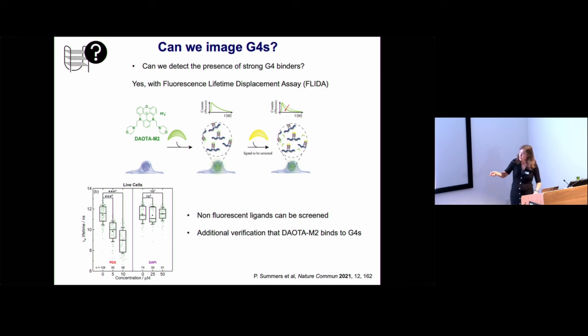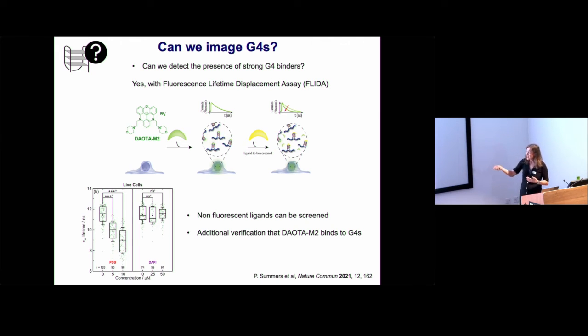So cells incubated with delta M2, and when we add pyridostatin, which is a known strong quadruplex binder, we see a large reduction in lifetime from cells, and no change when we use DAPI, which is a known intercalator of the DNA. So this is really nice because we can use it as an additional verification that our dye was bound to G4 in the first place, because when we added the G4 binder, our dye was displaced effectively.